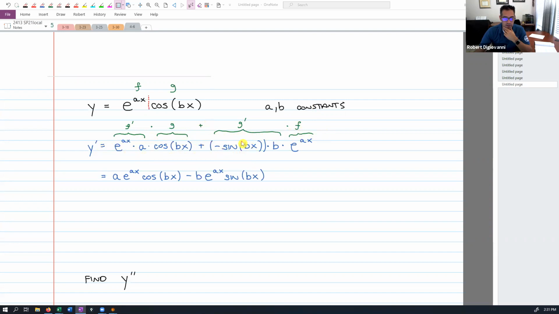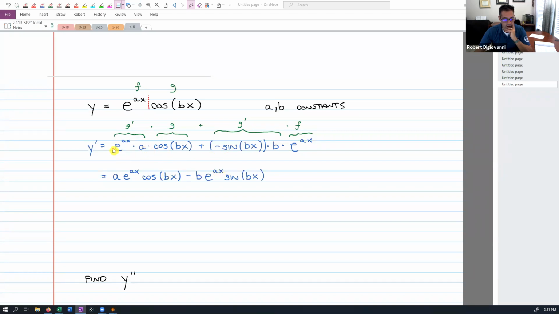Everyone okay with the negative sign and bx? I don't have a question about any of those, but did you want us to simplify that to be able to find the second derivative, or should we leave it the way that it was? Well, you notice how I started to clean things up over here?